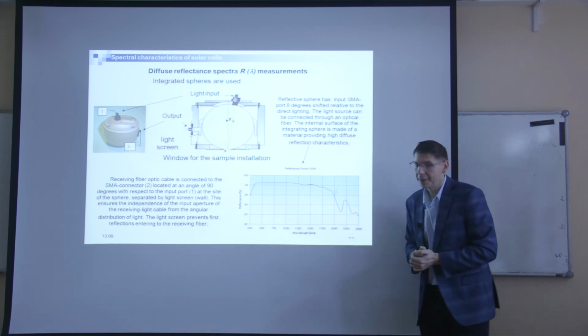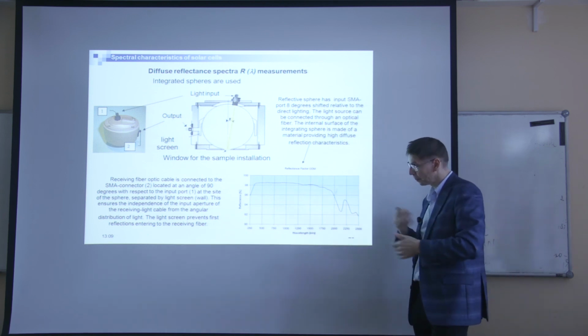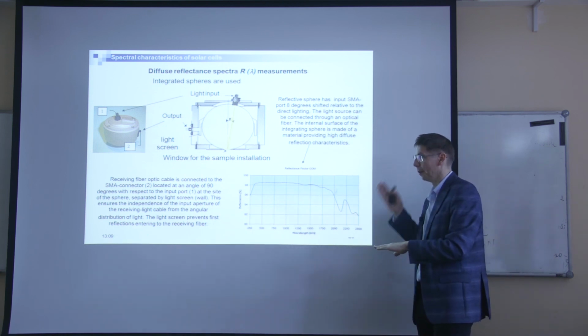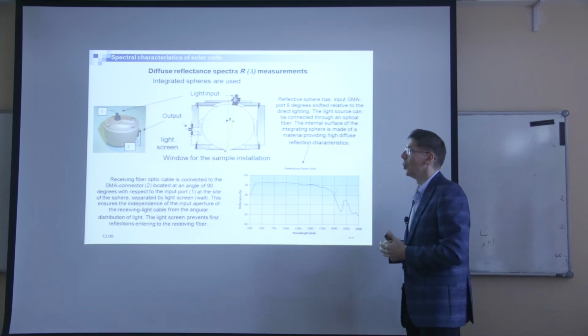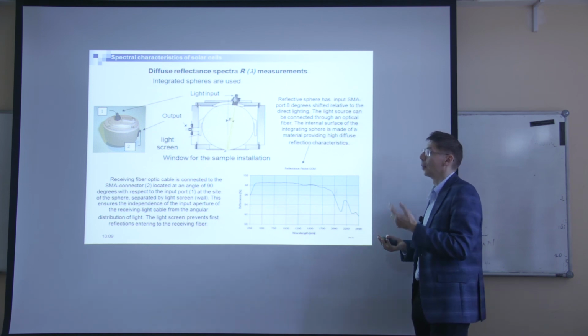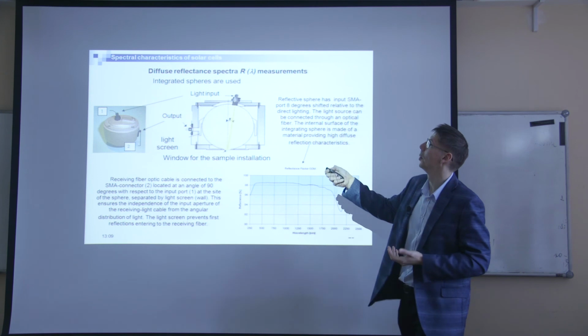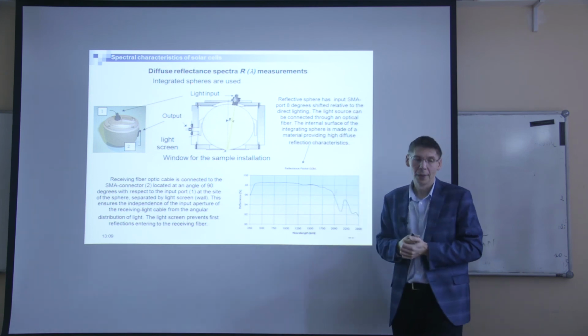For this case, it's not enough to perform the measurement of a mirror reflectance. You have to perform the measurement of the total reflectance, because you have a quite significant part which is related to the diffuse reflectance.